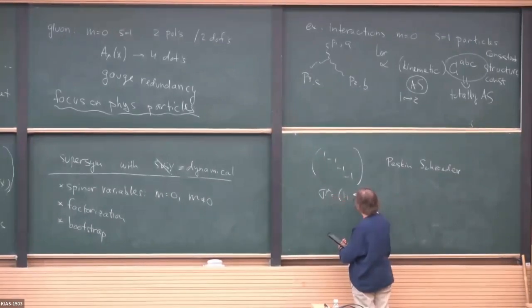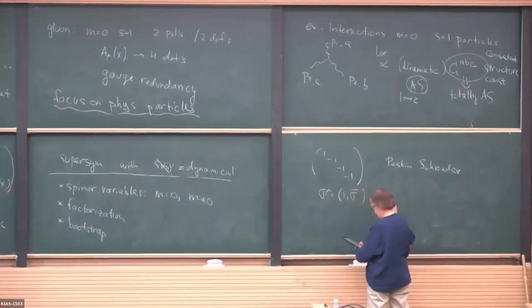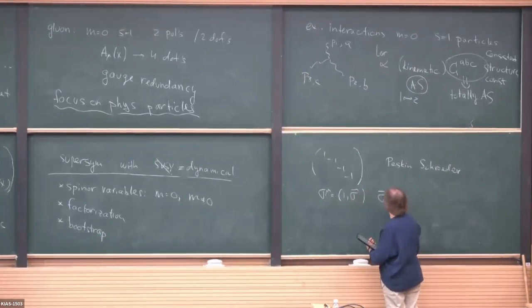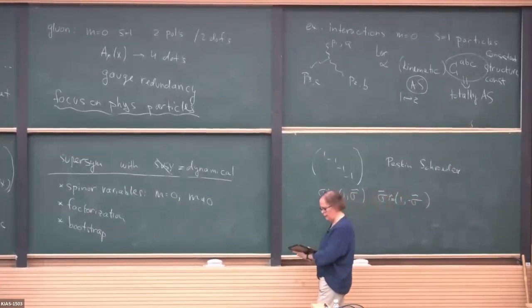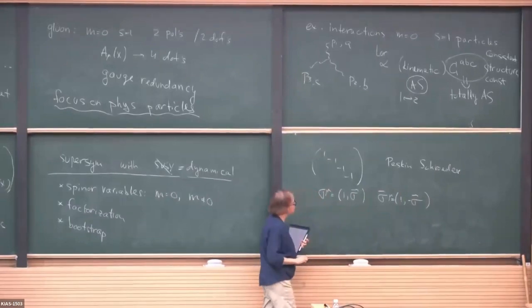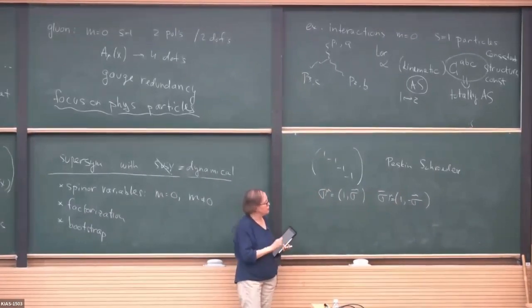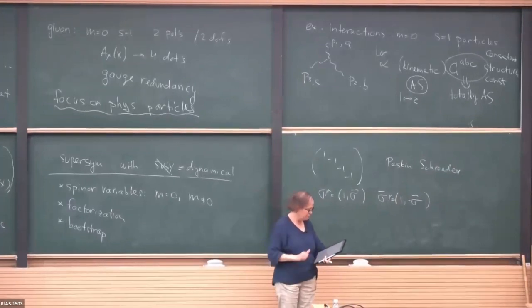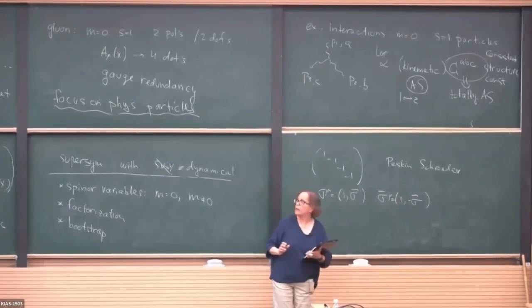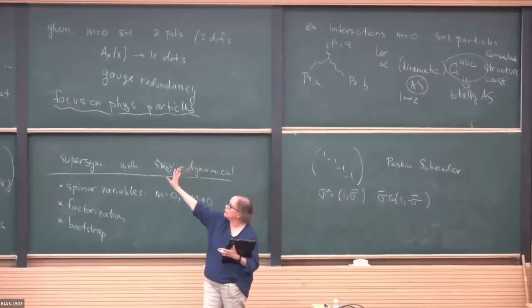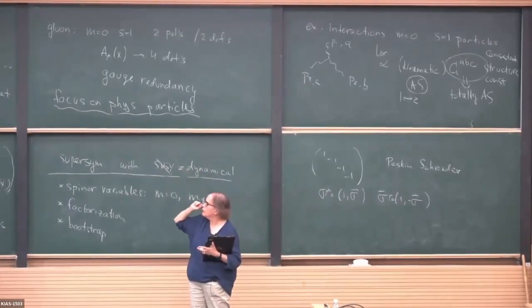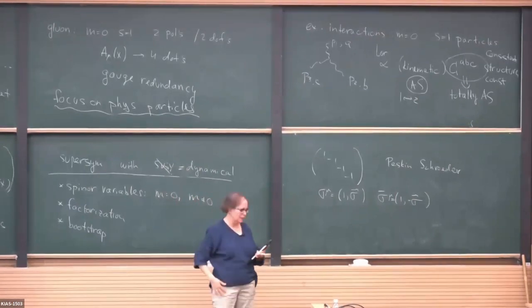So sigma mu is these guys, and sigma bar mu is these guys. This is pretty much what we're going to need from conventions. And as I said before, as I wrote here, I'm using the conventions in my papers from 2018 and 2019.